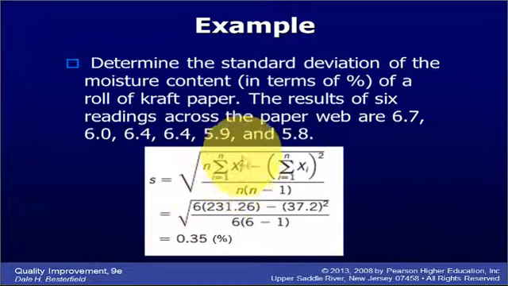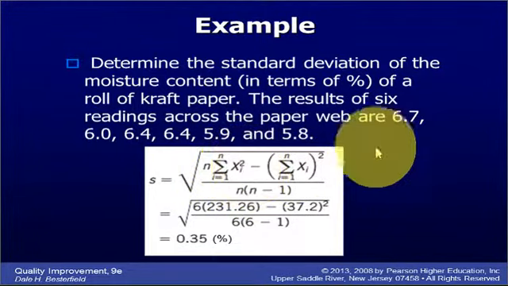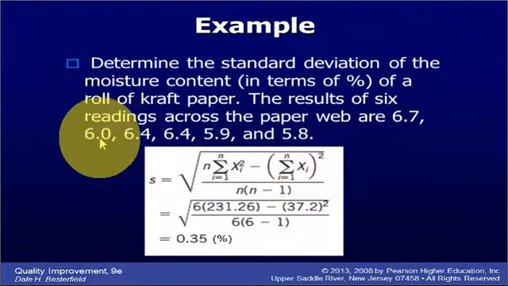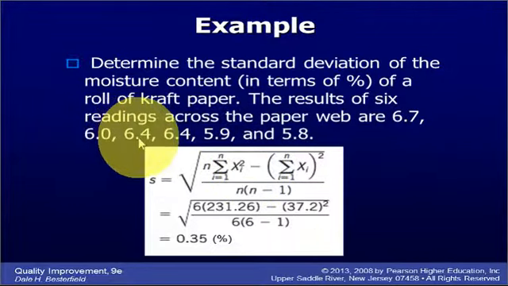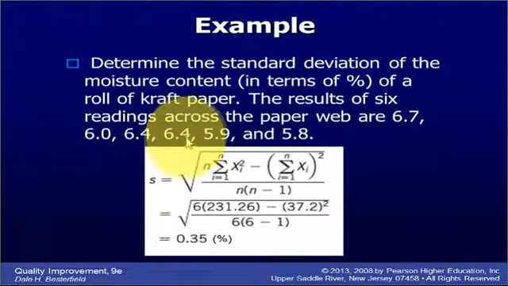So for the first term, you use the xi square, that is the 6.7 square, plus 6.0 square, plus 6.4 square, plus 6.4 square, plus 5.9 square, plus 5.8 square. This will give you this sum, right, which equals 231.26. And then times n, which is 6 here, n data points.